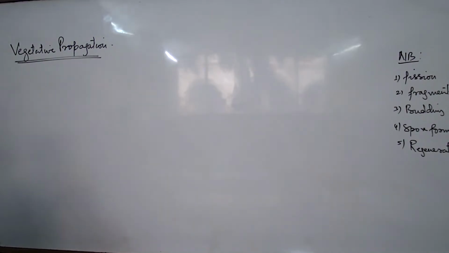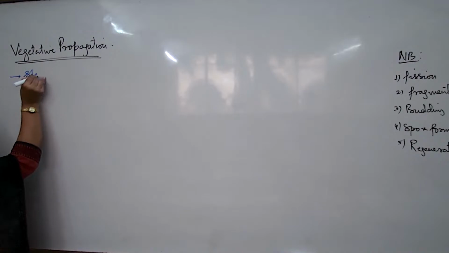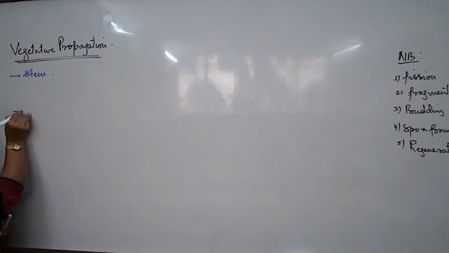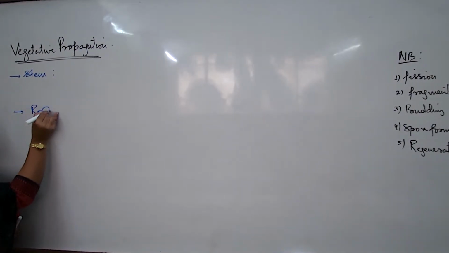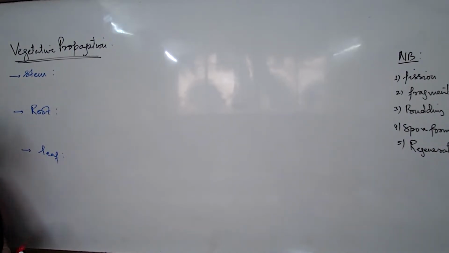Then which is the reproductive part of a plant? The flower. Only the flower is the reproductive part of a plant. So now when we are talking about vegetative propagation, we understand propagation by the stem, propagation by the root, propagation by the leaf.